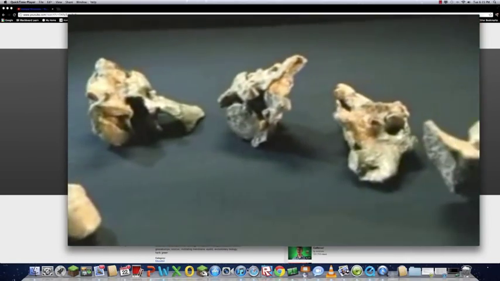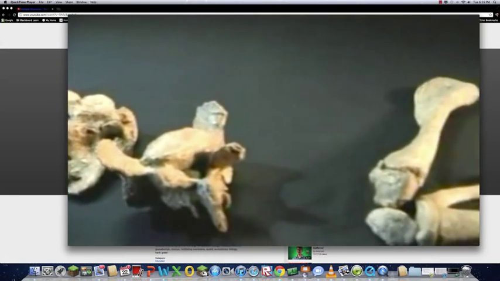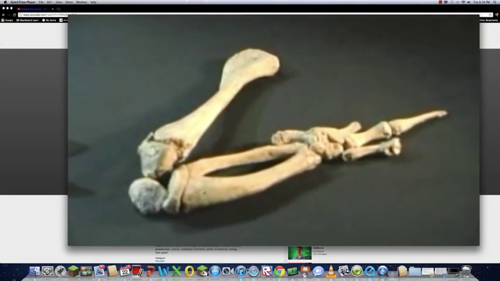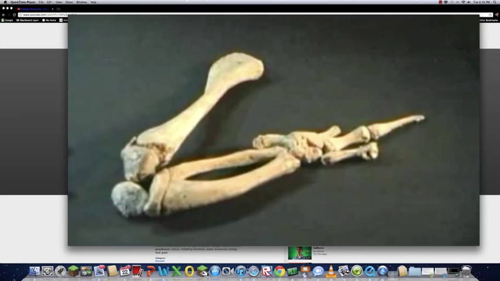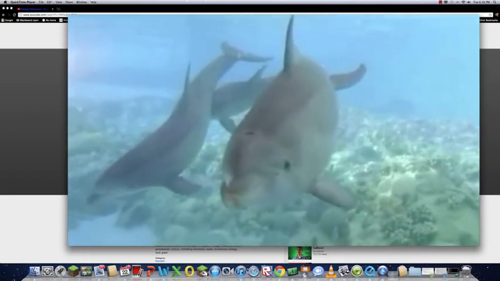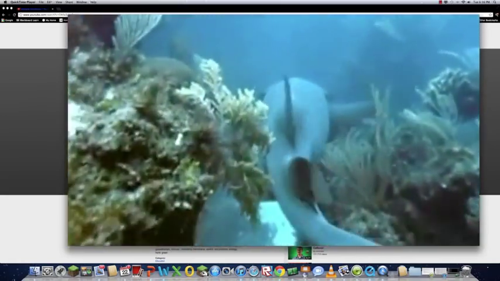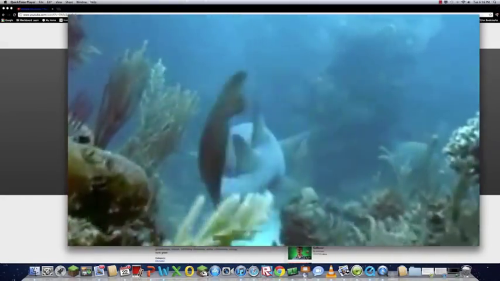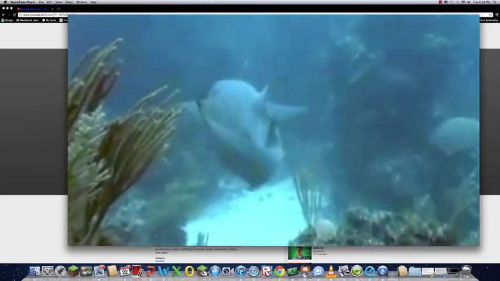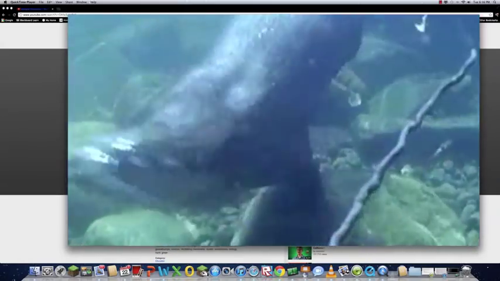And bones aren't the only evidence of whale evolution. Their ancestry is also visible in the way they move. Fish swim by flexing their spines from side to side, like the shark. But mammals swim differently.